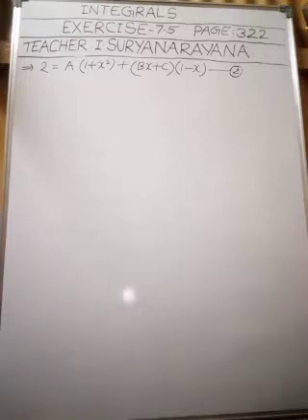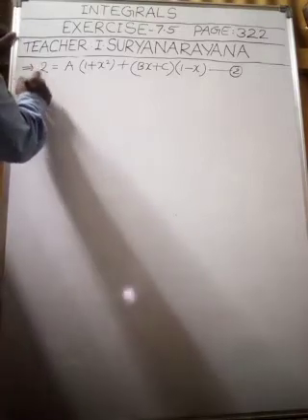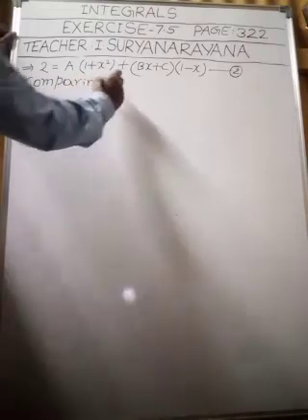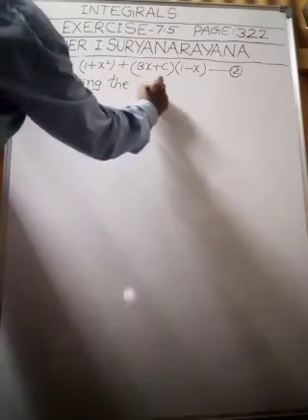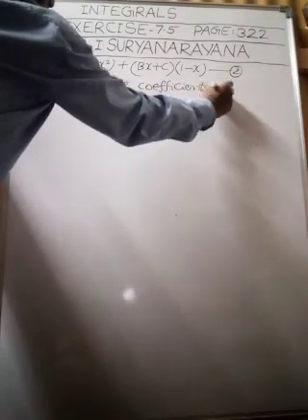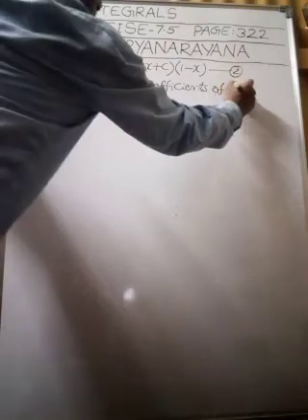We have to compare the coefficients of x square on both sides. What is the highest power of x? Highest power is x square. So comparing the coefficients of x square on both sides.